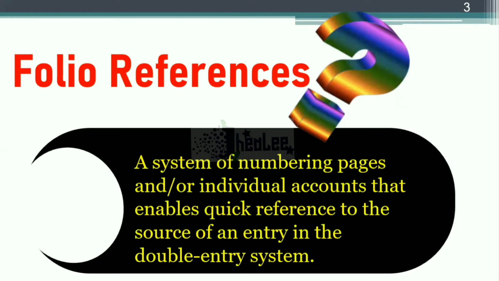In previous lessons, we have looked at preparing the purchases book, and posting to the purchases ledger and the general ledger. I'm going to use that work to complete the folio references for you.